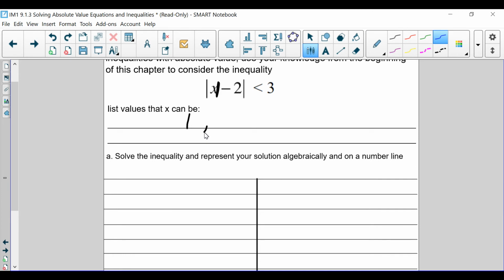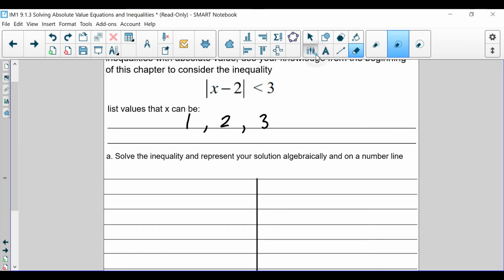It works. What if we put 2? If we put in 2 here, it'd be 2 minus 2, which is 0, and 0 is less than 3. That works as well. And then if we put in 3, that works as well. If you notice, there are a lot of solutions that x can be.